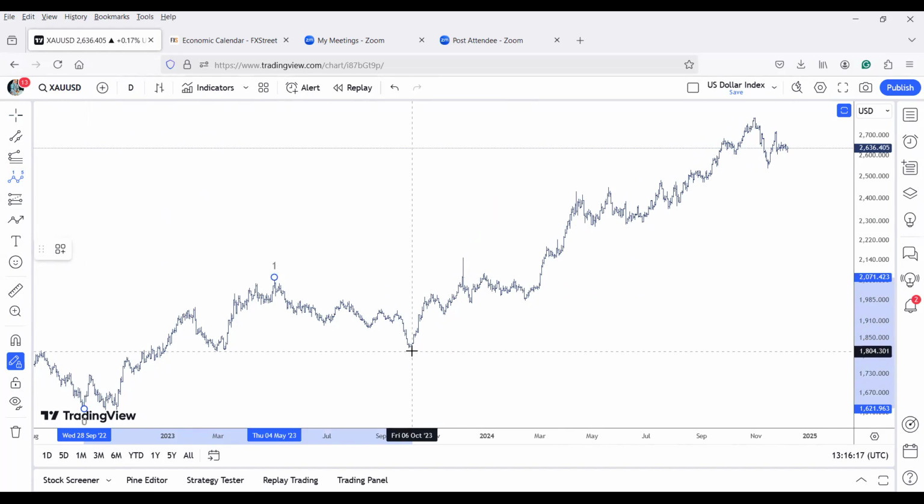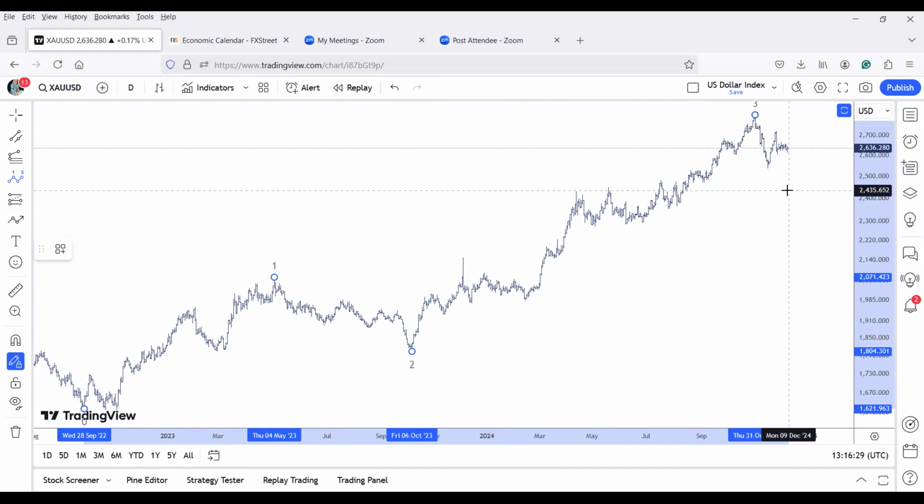That was minor wave 1. You see the three waves, A, B, and C, minor wave 2. I'm taking the liberty of straight away putting this as minor wave 3. We are now looking for a minor wave 4, and then it's going to go towards minor wave 5.